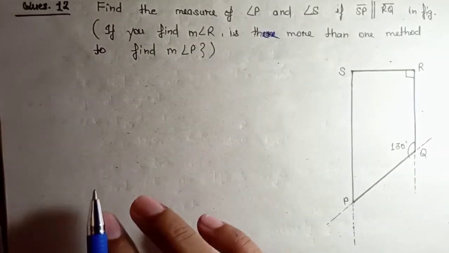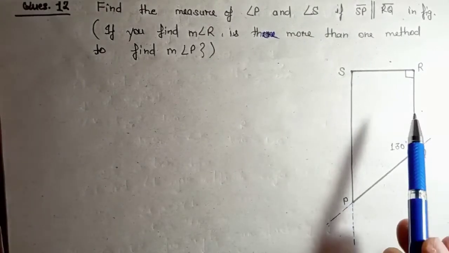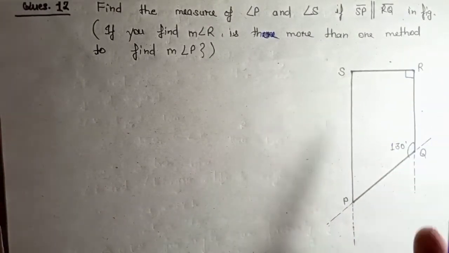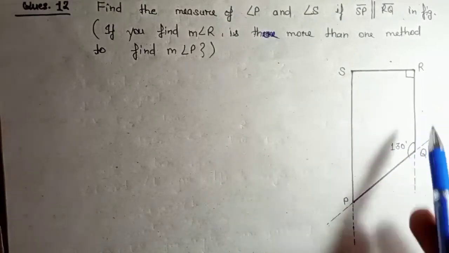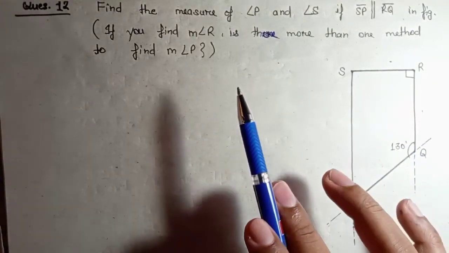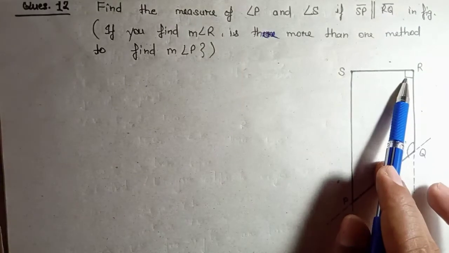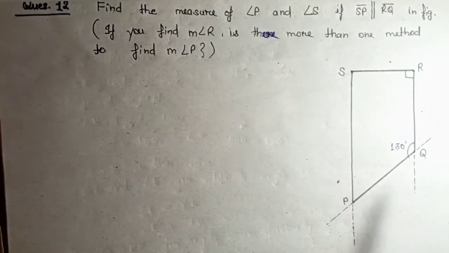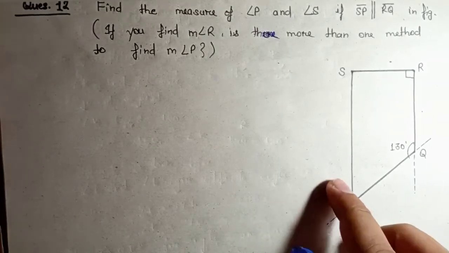We have question number 12. Find the measure of angle P and angle S if SP is parallel to RQ. Here SP is parallel to RQ, and if you find a measurement of angle R, is there more than one method to find measurement of angle P? So how to do this?